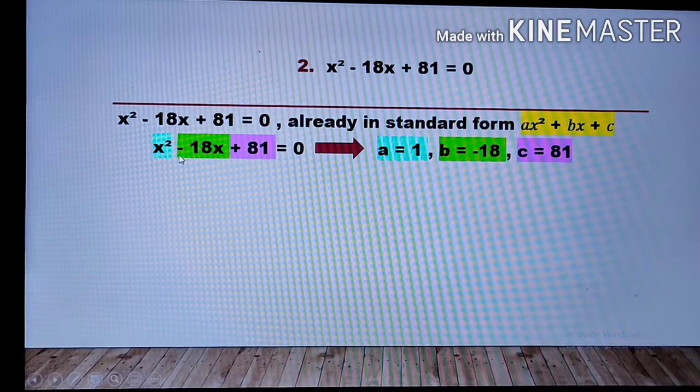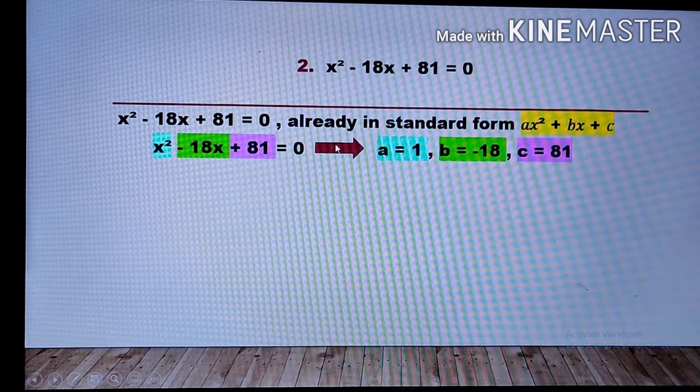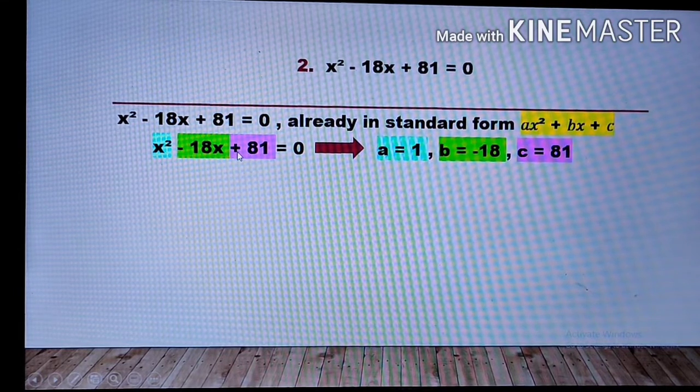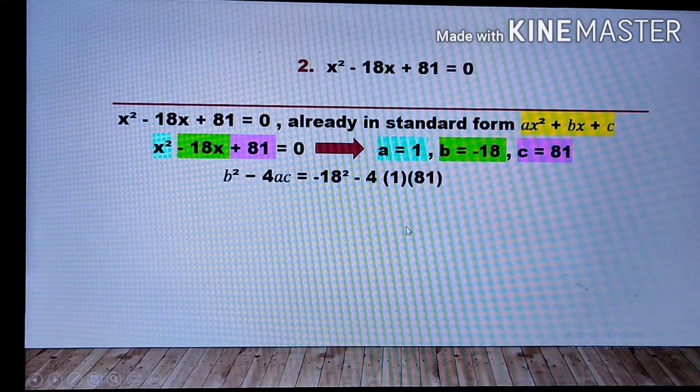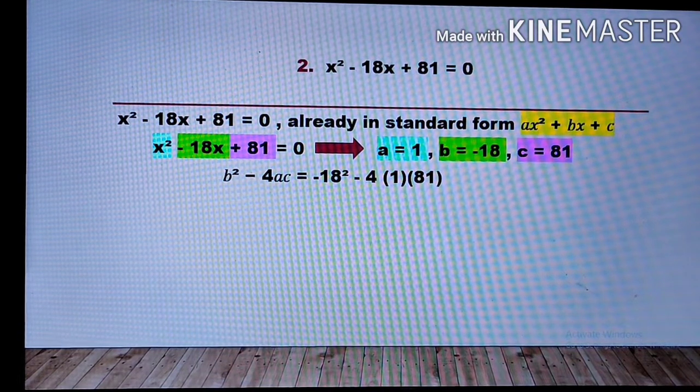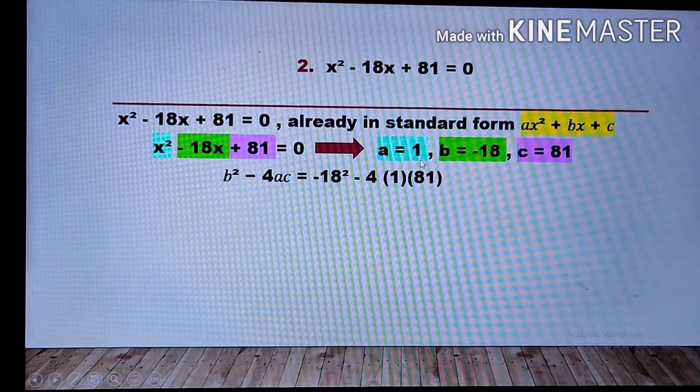Then b, minus 18, so negative 18. Then, the last term, which is c, is plus 81, so positive 81. Then, next, we are going to substitute na the values to the formula. So, b squared minus 4ac is equal to, ang b is negative 18.